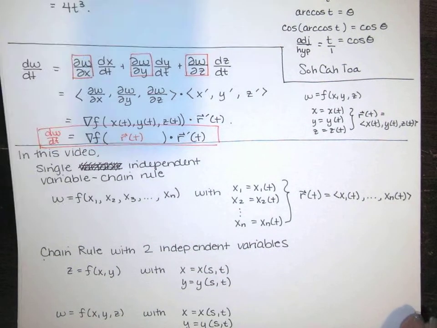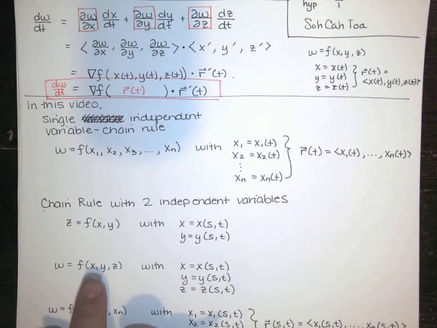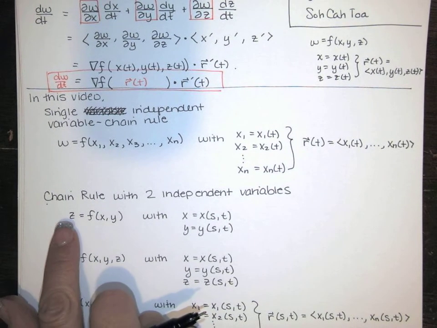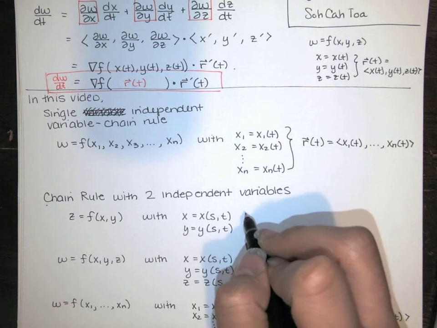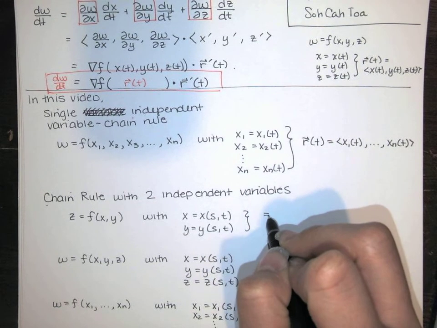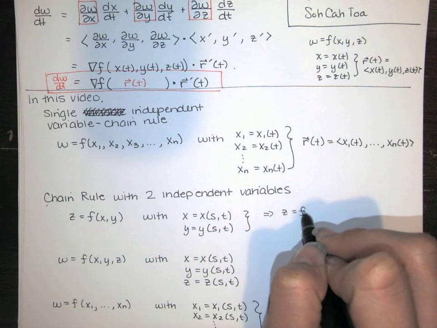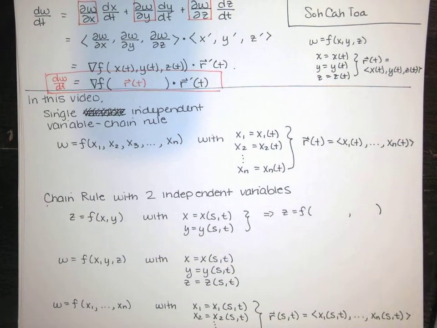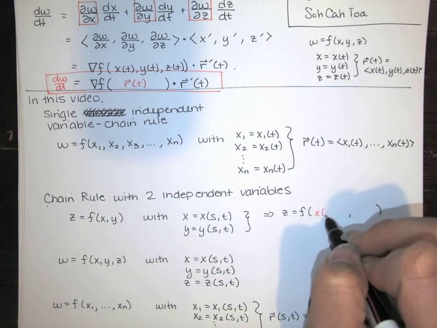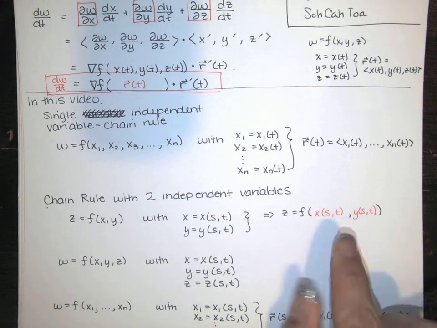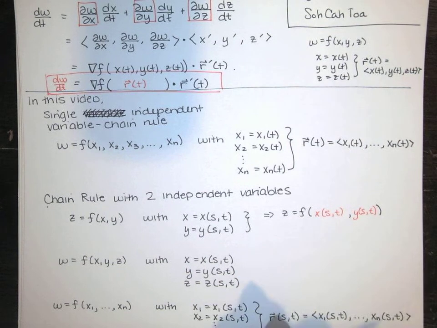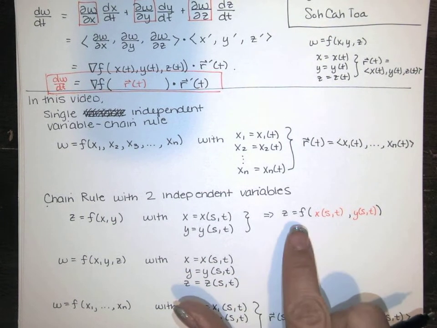Now let's look at the chain rule with two independent variables. If f depends on two variables x and y, and I replace x with x of s and t, and I replace y with y of s and t, the new function will depend entirely on s and t.